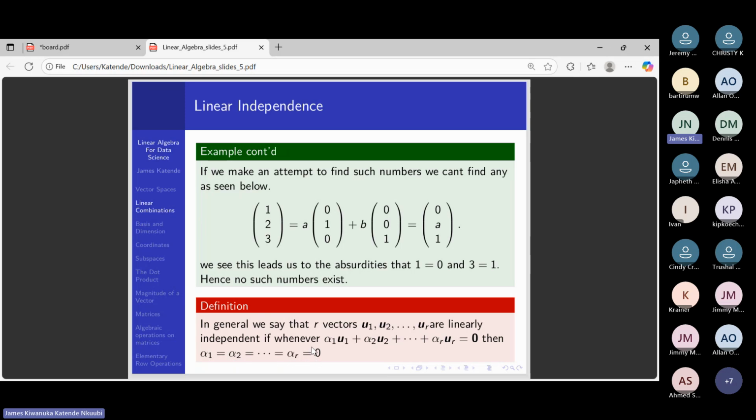There's no other way you can get 0 other than when all these scalars, alpha 1 up to alpha R, are all 0. If the only solution to this equation is all the scalars being 0, then we say this set of vectors is linearly independent.